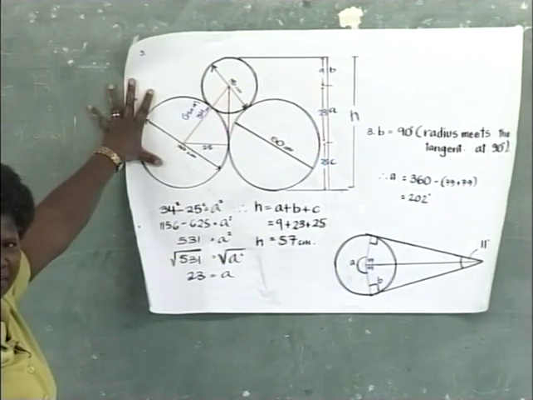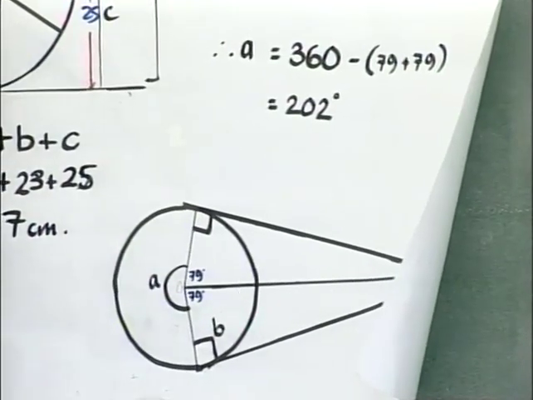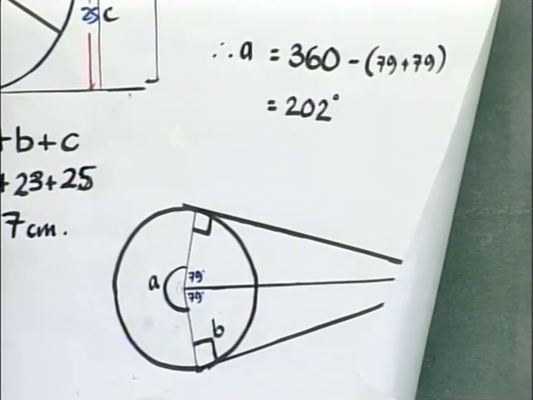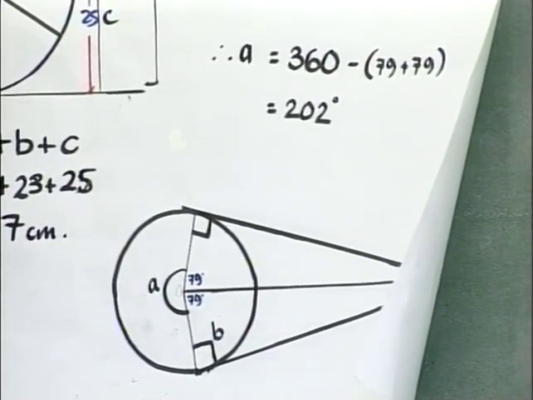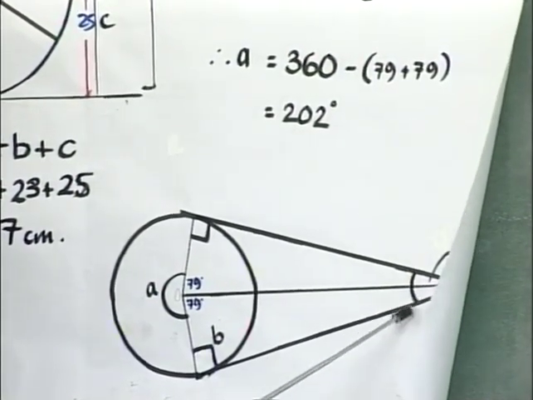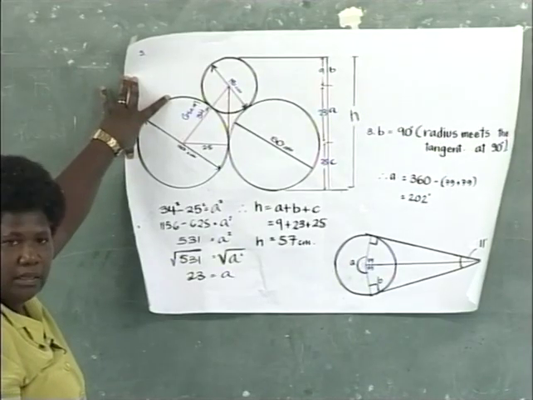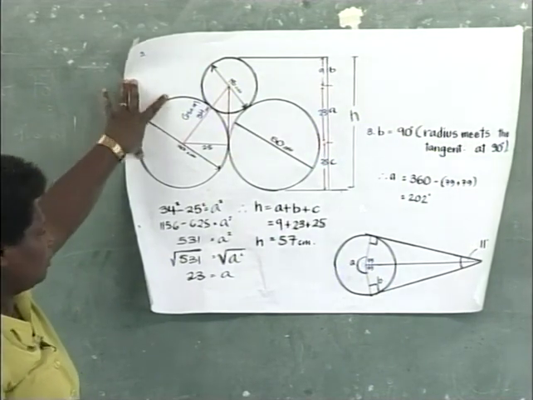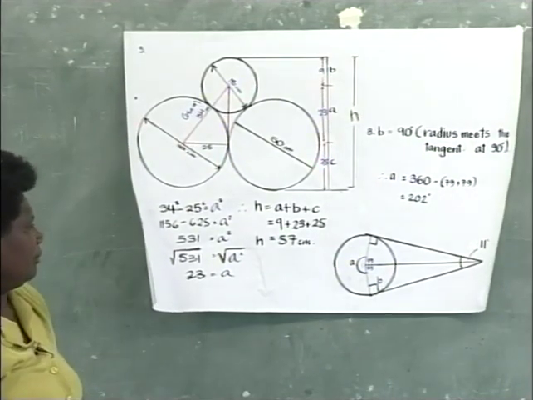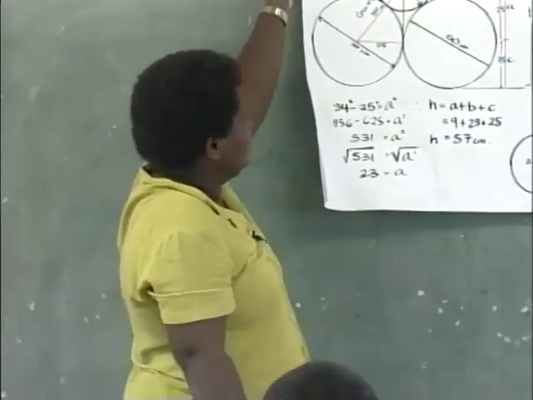So all of you agree that only this is 11? If that's the case, then angle A is 202 degrees. But because of the way it's drawn, to me this is 11 degrees. If that's the case, then your angle A will be 191 degrees. It will be smaller. Okay, so I think that's clear.